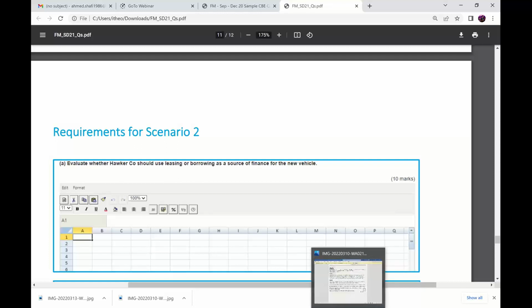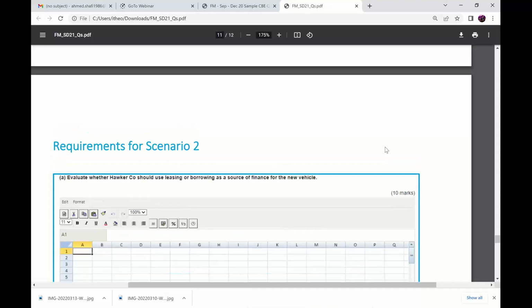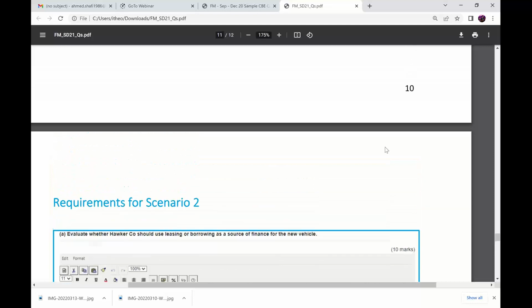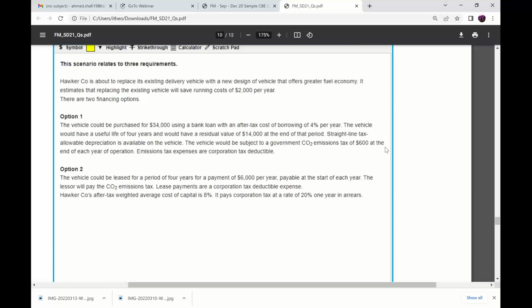If we remember this particular portion, the question is stating for 10 marks whether Hawker should use leasing or borrowing. There are two options. Hawker is about to replace its existing delivery vehicle with a new design offering greater fuel efficiency. The replacing vehicle will save running cost of 2,000 per year.